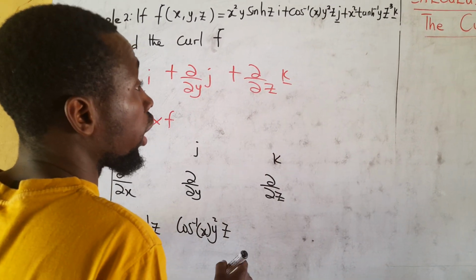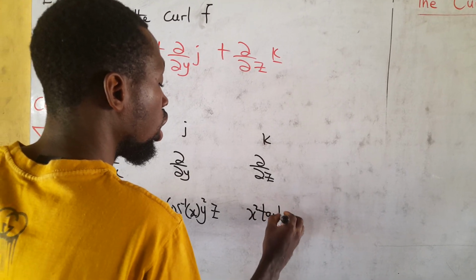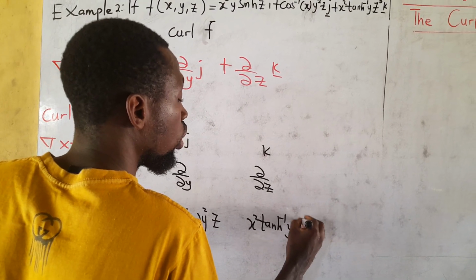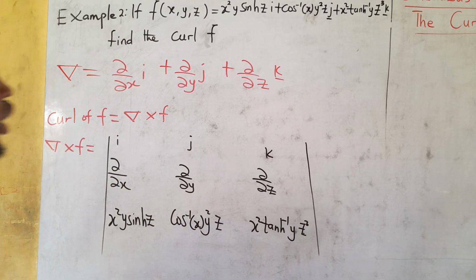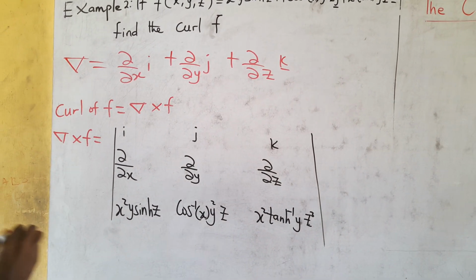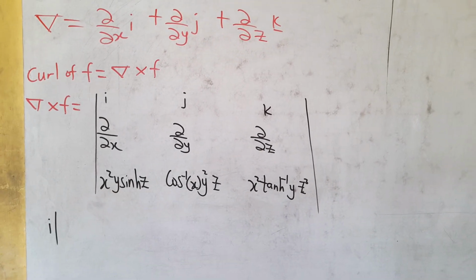Then the component for the k there is x squared tan inverse of y z cubed, the determinant of this matrix. And how do we find the determinant of a 3x3 matrix? It is i, the determinant of what is not under the i.